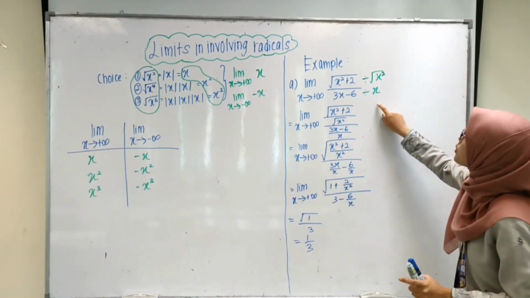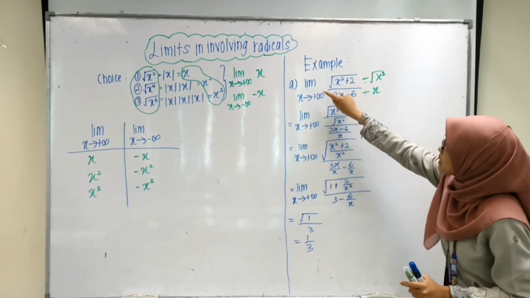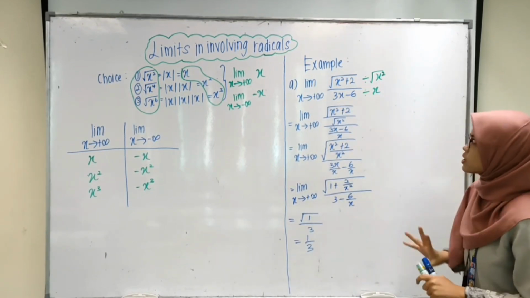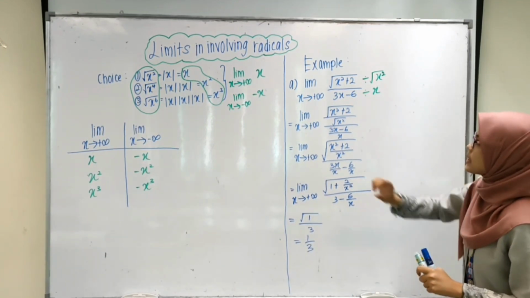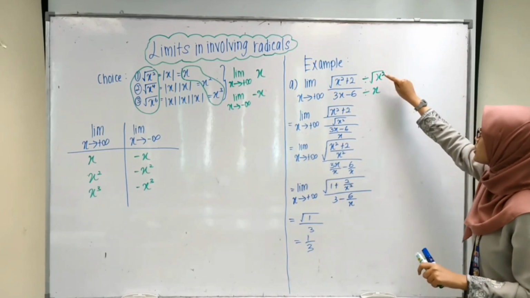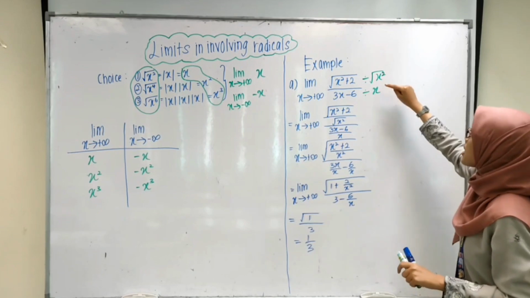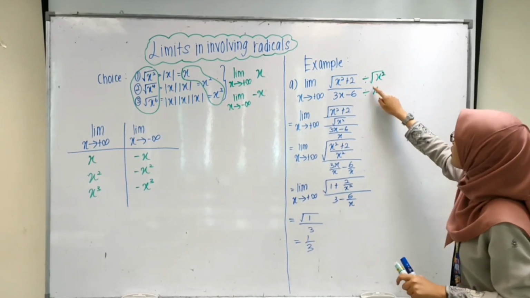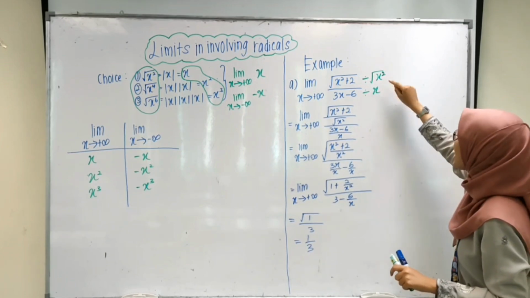As we can see here, the square root of (x² + 2) divided by (3x − 6), when the limit approaches positive infinity. When we look at this equation, the best choice is the first choice. So we will divide the numerator by square root of x² and the denominator by x. Why do we not divide this numerator by the square root of x²?